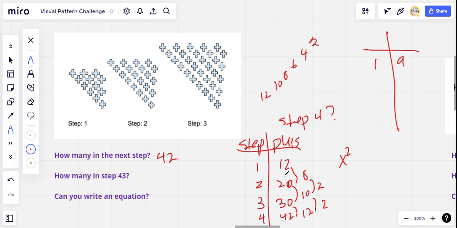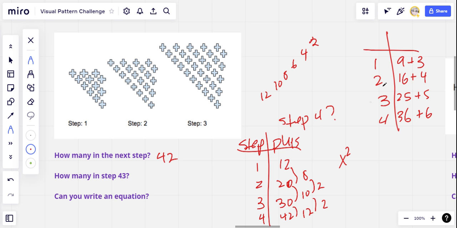So let's just try 9, and that would leave 3 over to get to 12. And then for 20, the biggest square would be 16, and I'd need 4 more to get to 20. In step 3, 25, and I'd need 5 more. And in step 4, 36 would be the biggest one, and that would leave 6 more. And look at that.